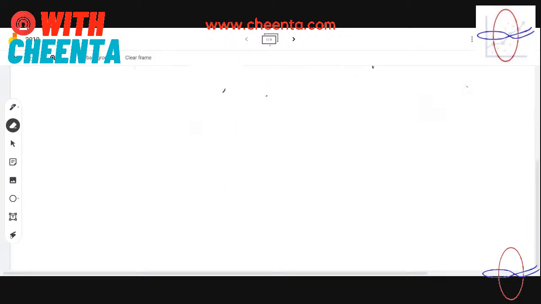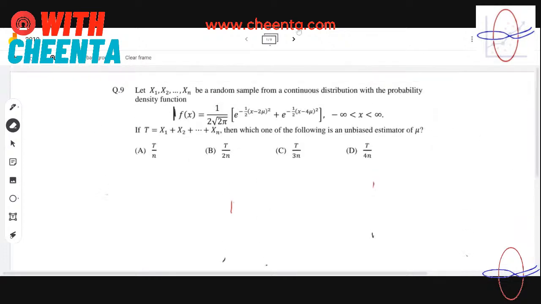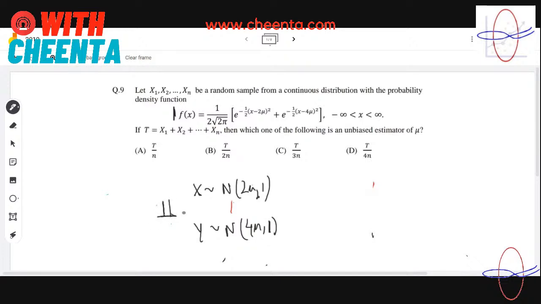So what you can do is, if you assume two random variables x and y, two independent random variables, let's say x follows normal 2 mu comma 1, and y follows normal 4 mu comma 1, and x and y are independent.